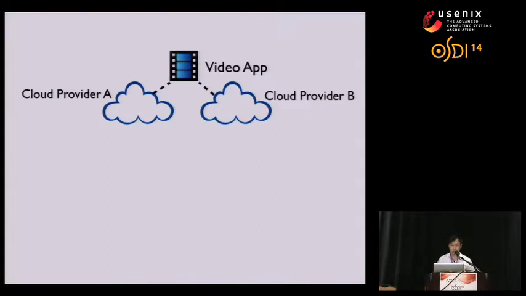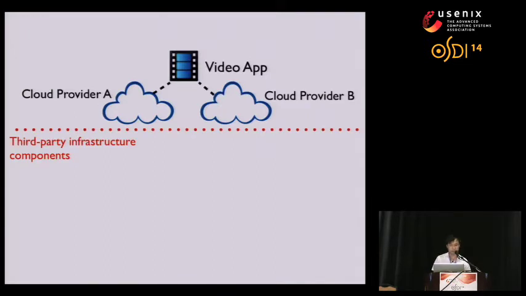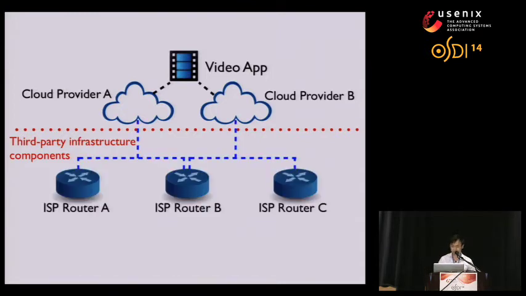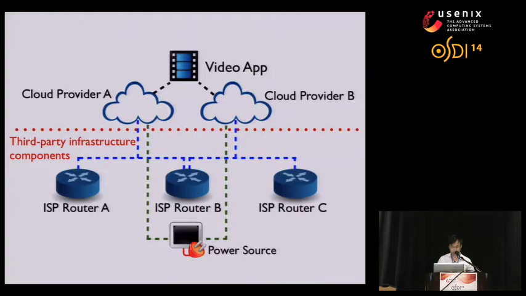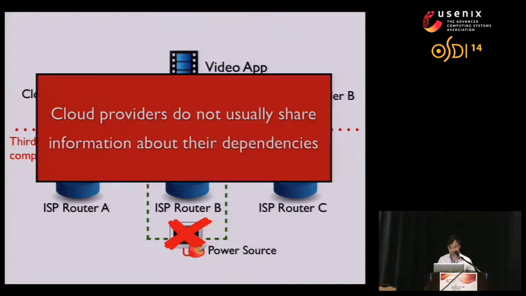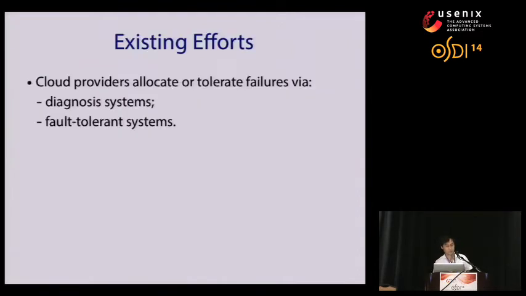Assume an application is using 2 cloud providers for redundancy. The cloud providers depend on some third-party infrastructure components, such as ISP routers and power sources. If lightning damaged this power source, the 2 cloud providers will become unavailable at the same time. This case is more challenging to handle because cloud providers don't usually share information about their dependencies.